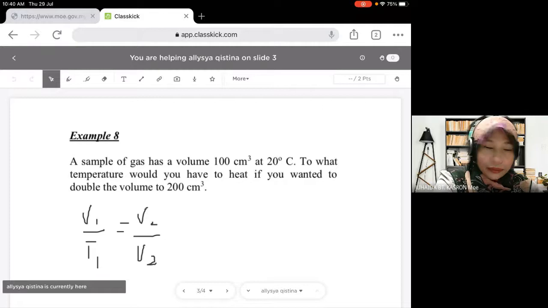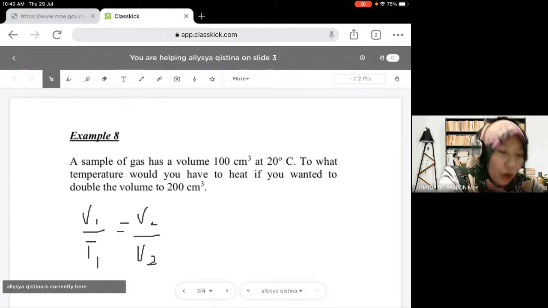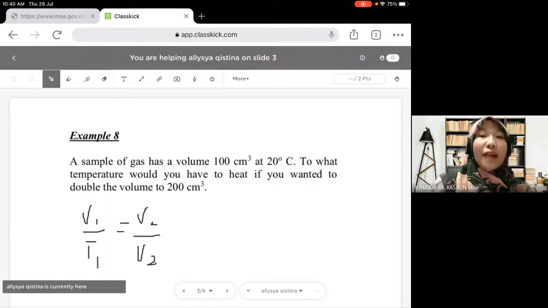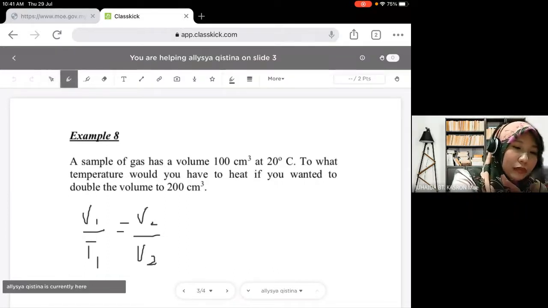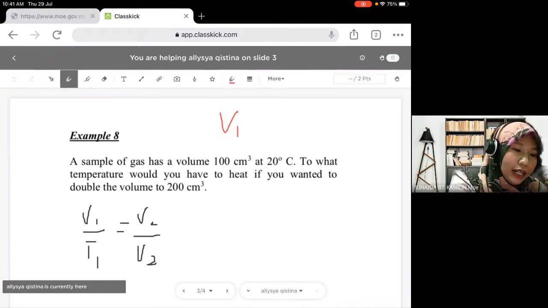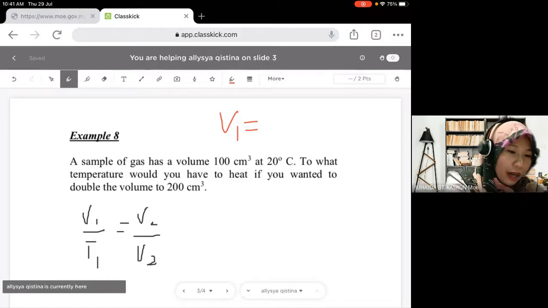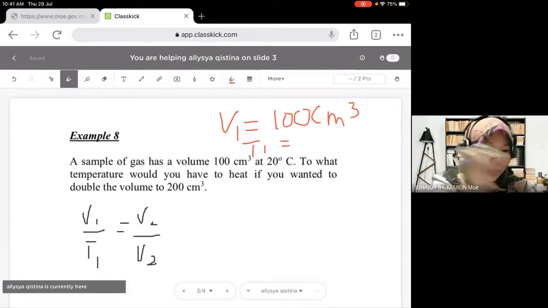Okay, so the question asks to find the temperature when the volume is doubled to 200 centimeter cube. So you have to write here, Alicia. V1 equal to 100 centimeter cube. Okay, T1 equal to 20 degrees Celsius.